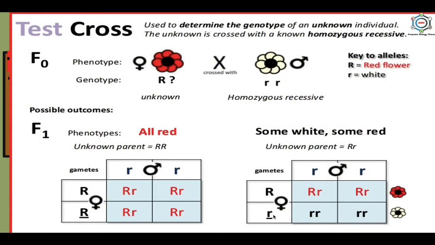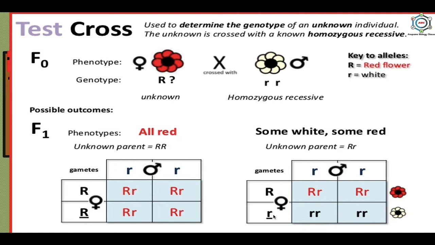So the test cross is used to determine the genotype of an unknown individual, and the unknown is crossed with a known, that is homozygous recessive. Here you can see at the place of question mark, it may be small r or capital R. In the possible outcomes, if the phenotype is all red, then the unknown parent is capital R capital R, that means homozygous dominant.